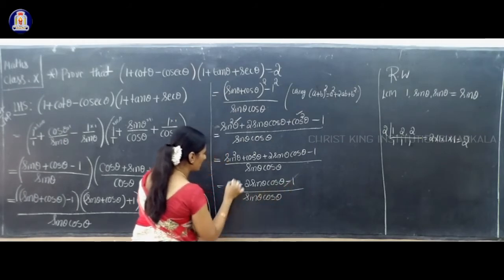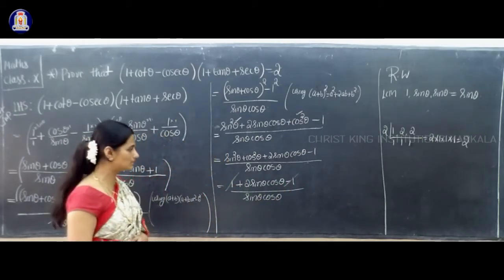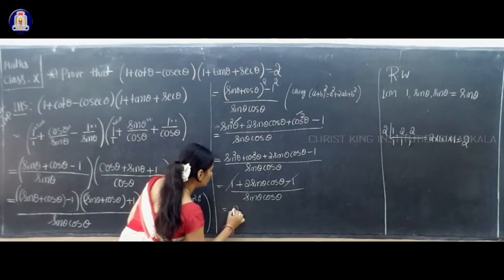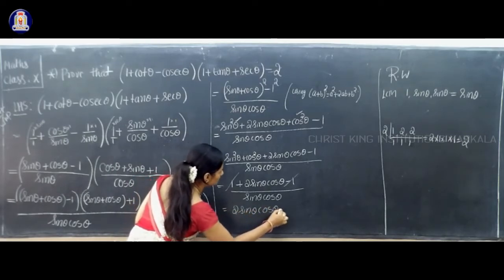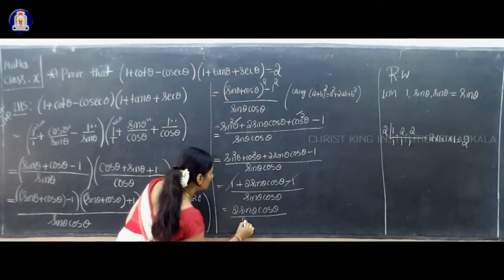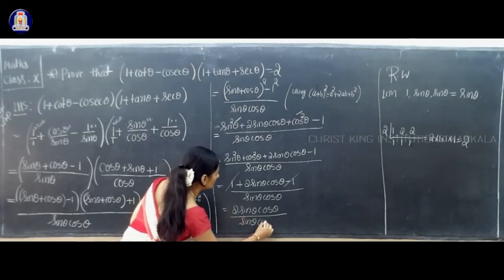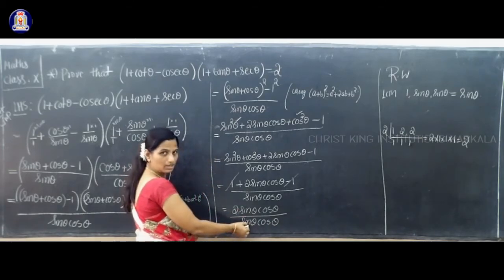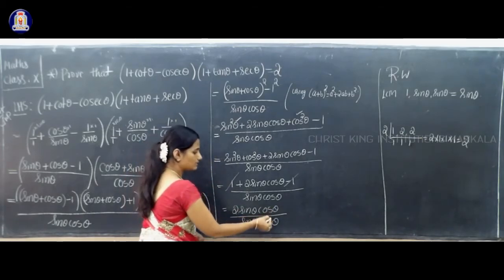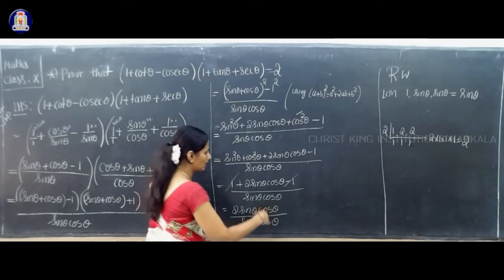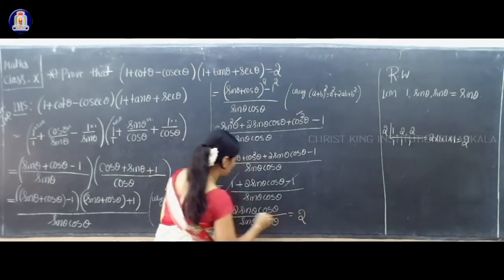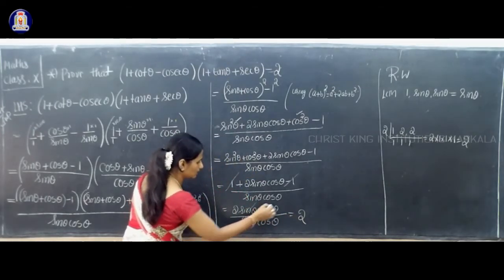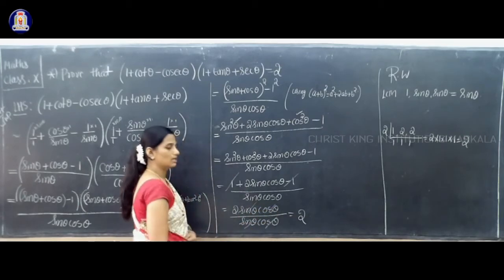So minus 1 plus 1 cancels. What is left here? 2 sin theta into cos theta divided by sin theta into cos theta. Sin theta in the denominator, sin theta in the numerator, cos theta in the denominator, cos theta in the numerator, get cancelled.